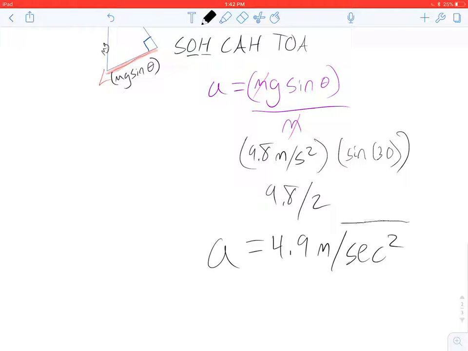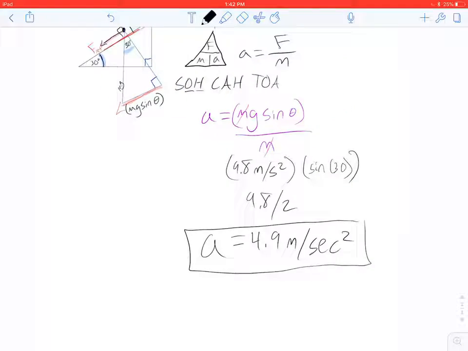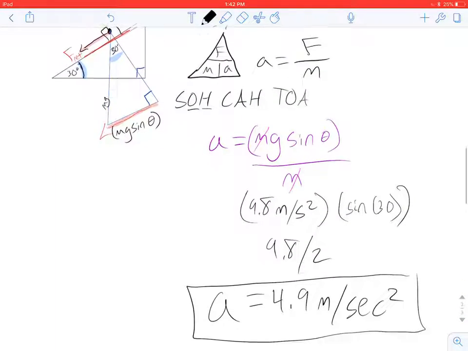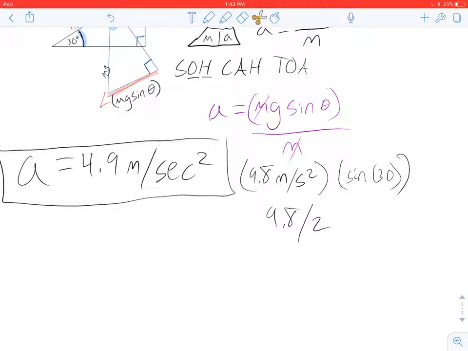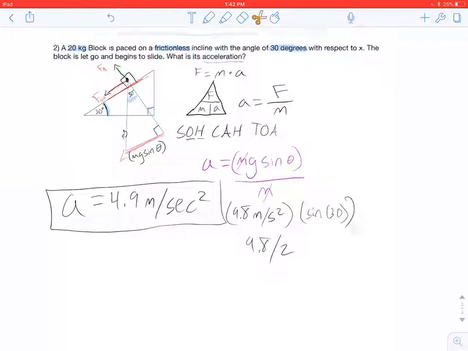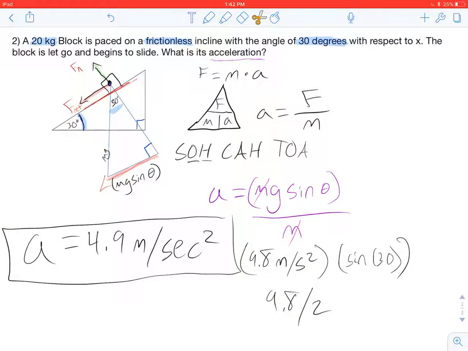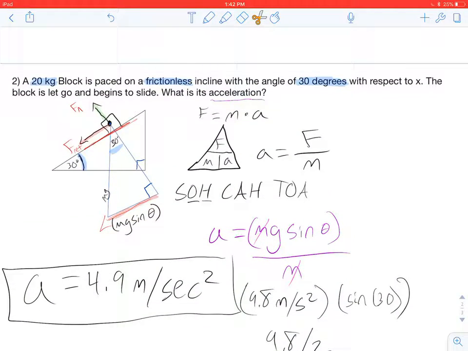And that's our acceleration. And we can just look up here, make sure our units all carry through. That should be easy because it's just gravity. That's our acceleration going down. Perfect.